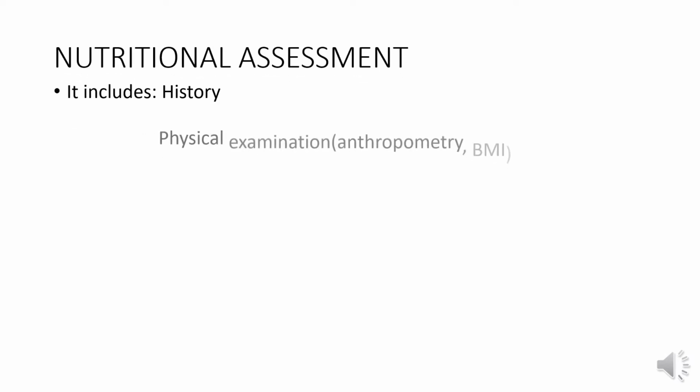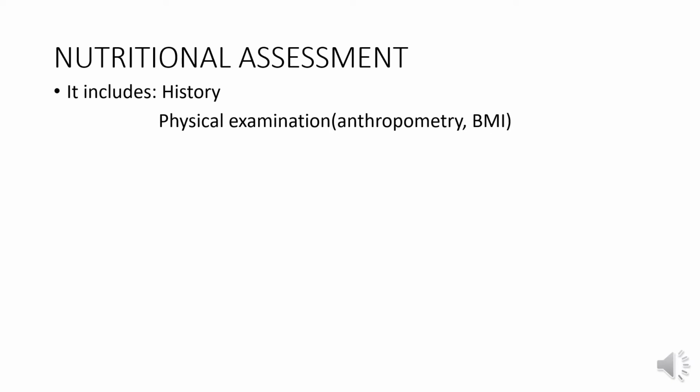How do you assess nutritional status of a patient? First, you interact with the patient, so you would have to take a history from the patient, and in the history you will be concerned about the eating patterns of the patient. If there are any dietary restrictions, then you want to know if the patient takes enough, the kinds of food the patient takes in the morning, afternoon, and evening. If there is anorexia, if there is persistent vomiting, you want to know if the patient is even having enough.